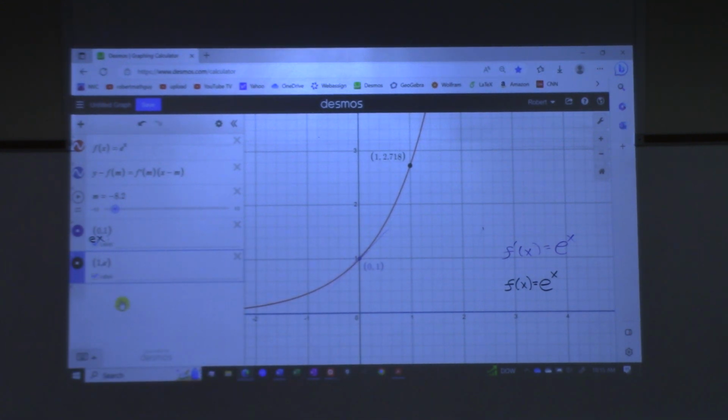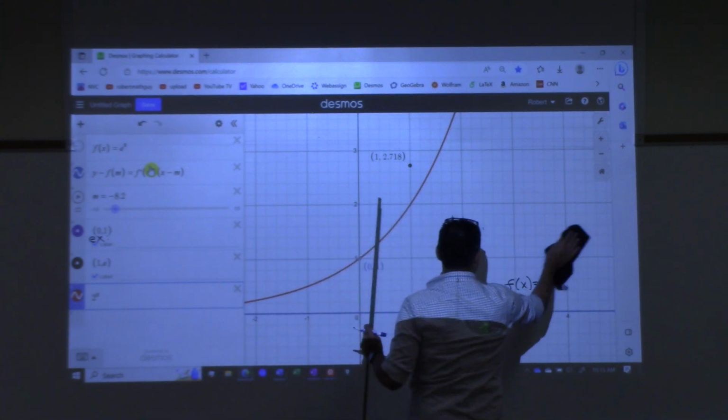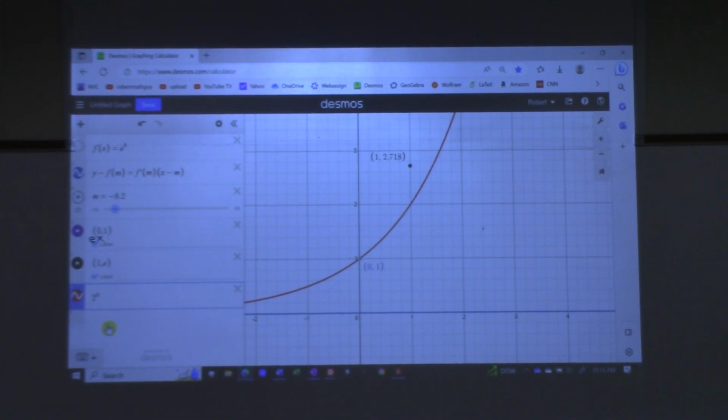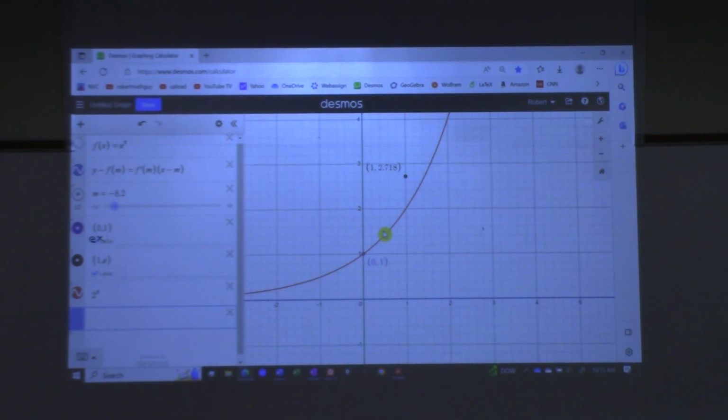If I try a different function, like 2 to the x, there's 2 to the x. Let me take the e to the x out. If I do that function, it doesn't work. So if I try this function, zoom out a little bit.